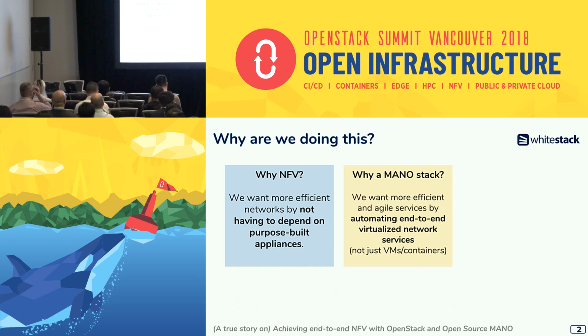But the reason for having a management and orchestration stack, beyond the VIM, beyond what OpenStack would do, for example, is to bring more automation to the table, to really have agile virtualized services by adding more automation layers and being able to quickly deliver end-to-end virtualized network services, not just VMs and containers. I'm talking about network service lifecycle.